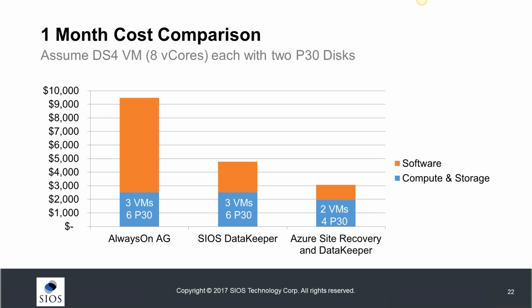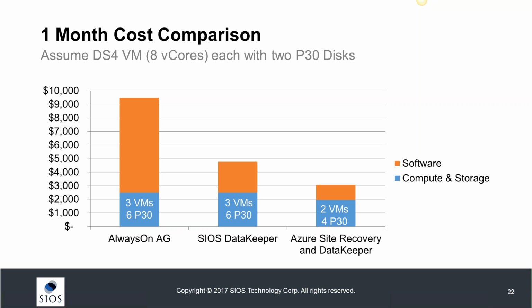A very cost-effective solution; for a very beefy virtual machine, a DS4 is nothing to sneeze at. You're at about $3,000 a month for high availability and disaster recovery. And of course, these costs will go down significantly if you don't need 8 cores and you need 4 cores, but the correlation remains the same.